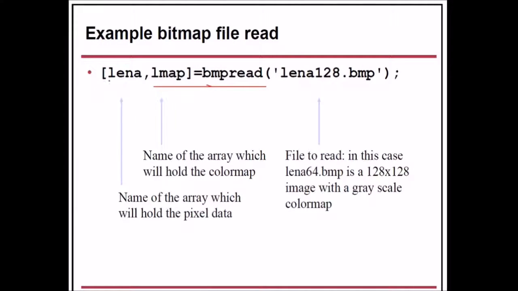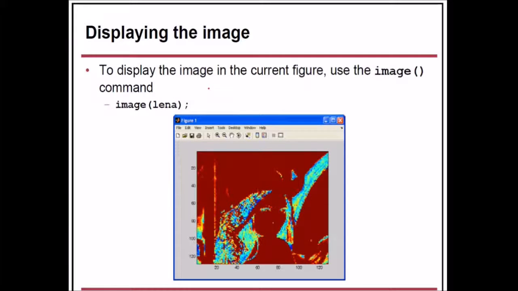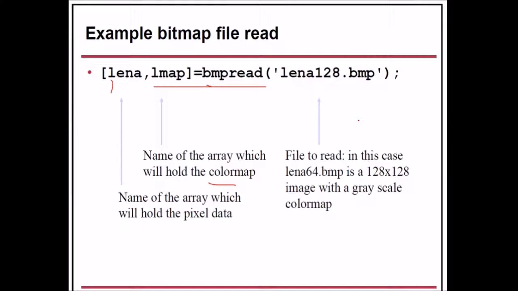This is the name of the array which will hold the actual pixel data, and this is the name of the array which will hold the color map. To display the image in the current figure, you use the image command, and inside it you give the name of the image, Lena.